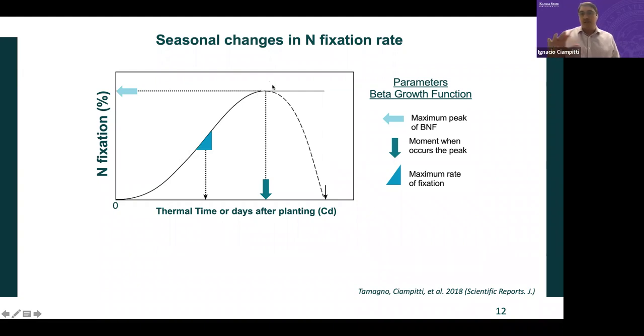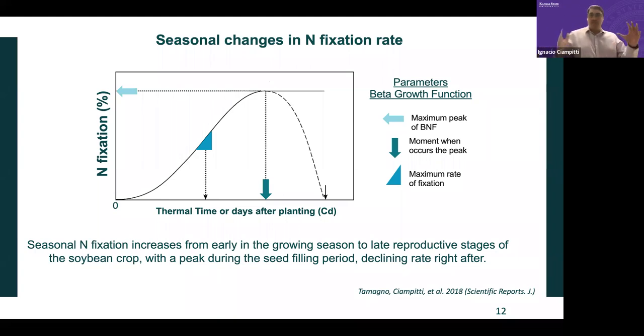We reach a maximum peak that usually is when we are in full seed production. And after that moment, the seed becomes a very strong sink for all the carbon in the plant, and then that fixation starts to go down. Okay, so seasonal fixation increases over time until a peak, and then it starts declining over the season.